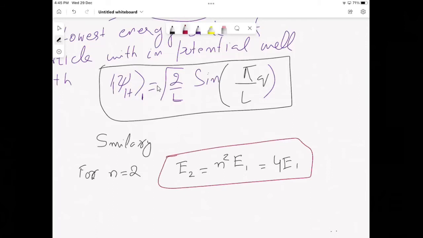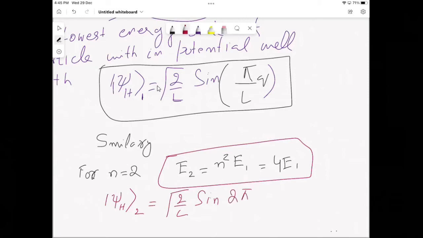And psi h for the second state will be square root of 2 over L sine 2 pi over L q. Okay, got it? So similarly.